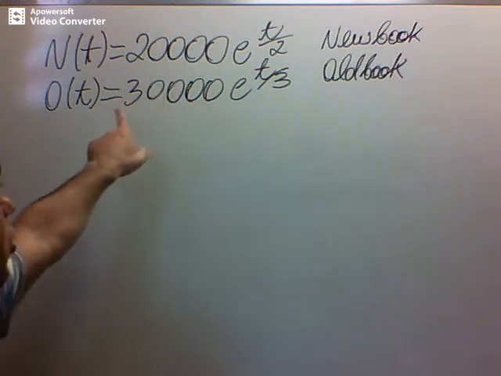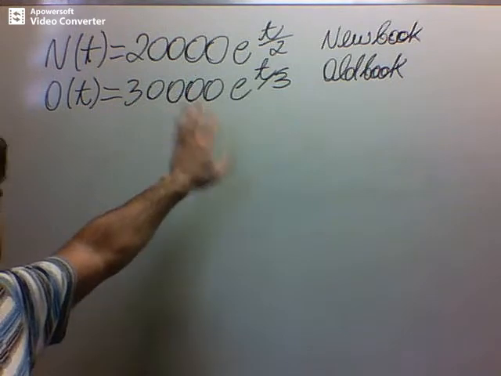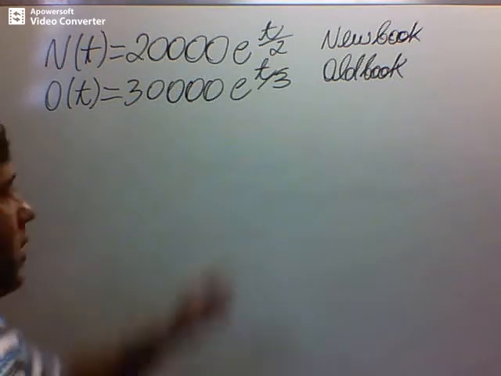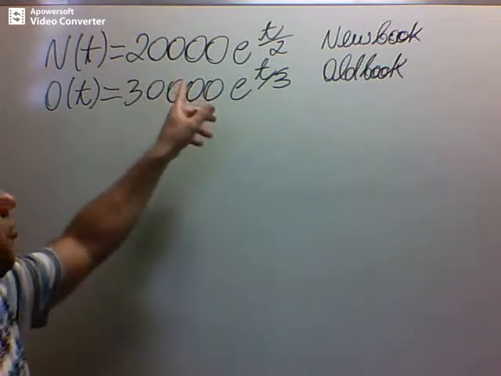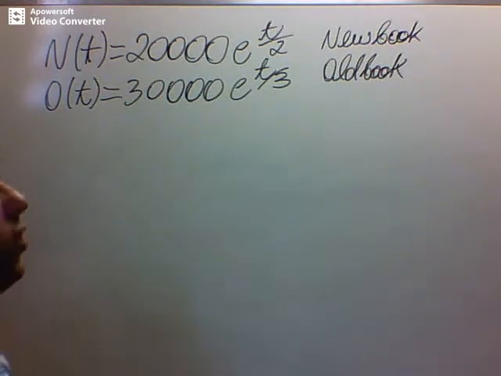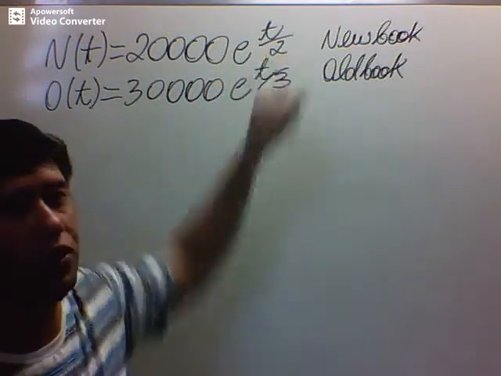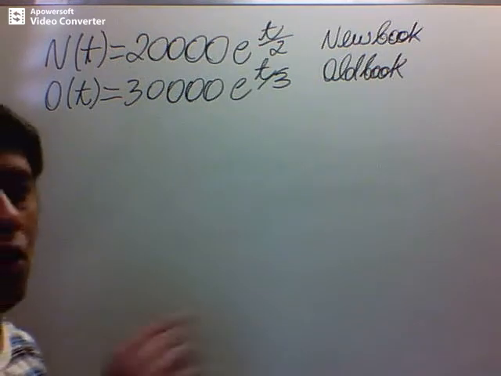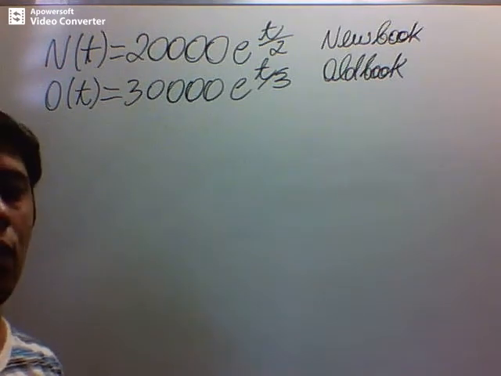The first platform, Old Book, is going to have 30,000 times e to the t divided by 3 members, and the second, New Book, is going to have 20,000 times e raised to t divided by 2 members over the course of time. The first thing we wish to know is the number of users each platform is going to have at the time of its beginning.